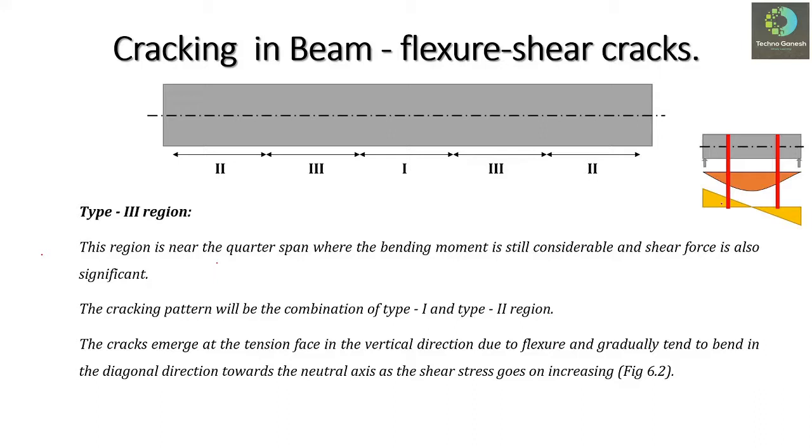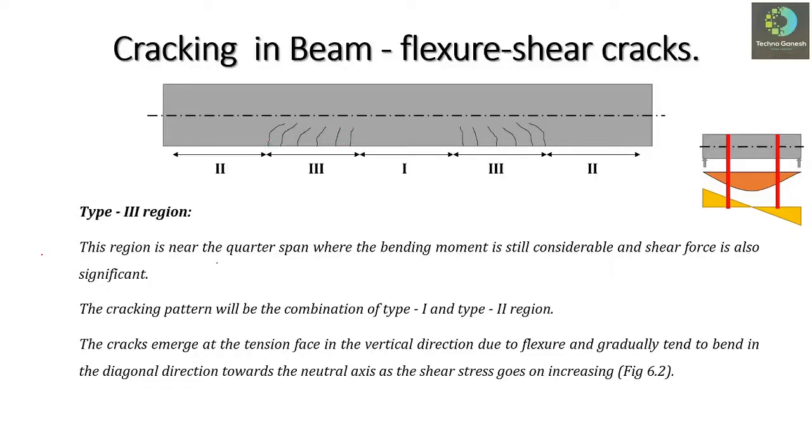These cracks emerge at the tension face in vertical direction due to the flexure and gradually tend to bend in the diagonal direction toward the neutral axis as the shear stress comes in. As you can see in the figure, these cracks start from the flexural portion or the extreme tension fiber, and the crack starts in vertical direction. You can easily see that this crack is almost vertical, then it bends in the inclined plane as you move toward the support.